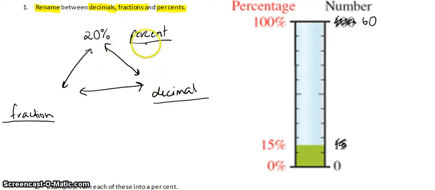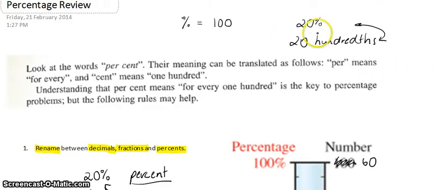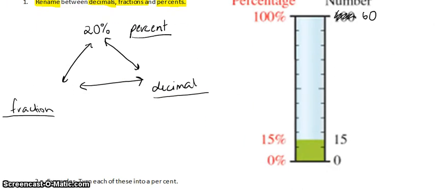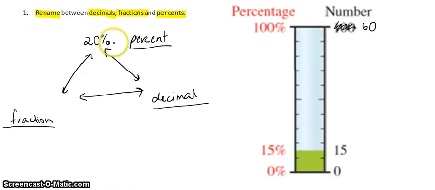There's an easy way to do that, and that's thinking of what we spoke about before with the hundredths. 20% is 20 hundredths, or percent means hundredths. And that language helps us know what it is we need to do. So 20%, meaning 20 hundredths, becomes the fraction 20 hundredths. And they mean the same thing. Now that fraction can obviously be simplified.